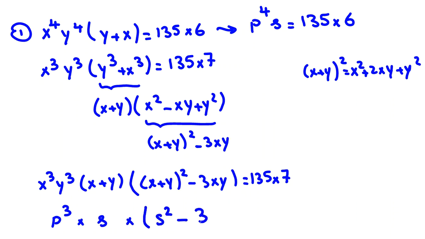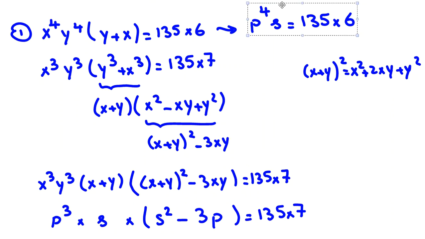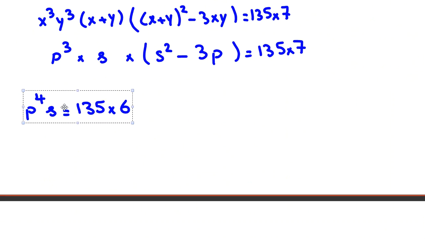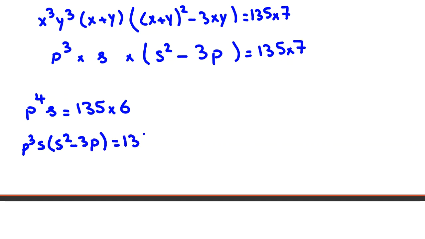S squared minus 3 times the product p, equal to 135 times 7. So if I write these two things, let me copy this part and paste it here. And this part is what? P cubed s times s squared minus 3p equal to 135 times 7.